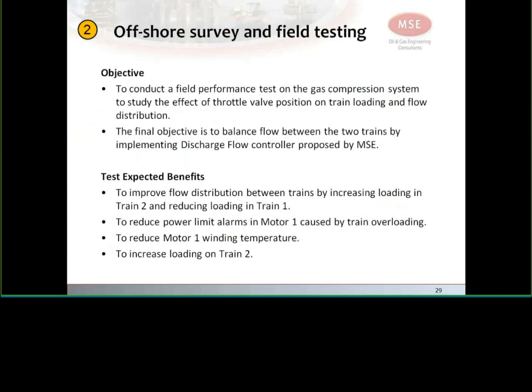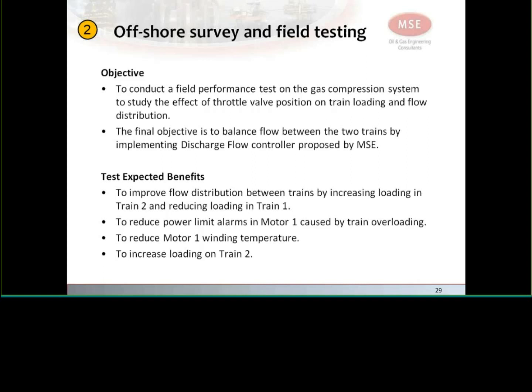We have all this in concept, and we did talk to the client. So our next stage is to prove that this concept is not just an academic solution, so we actually have to do this offshore. The whole objective of going offshore was to implement the test procedures to see that what we are suggesting is a viable option and that it will help.